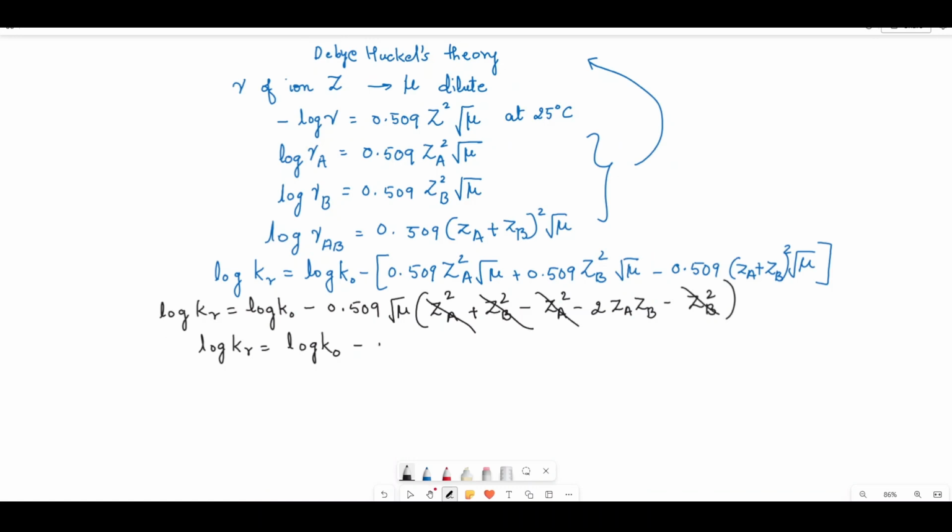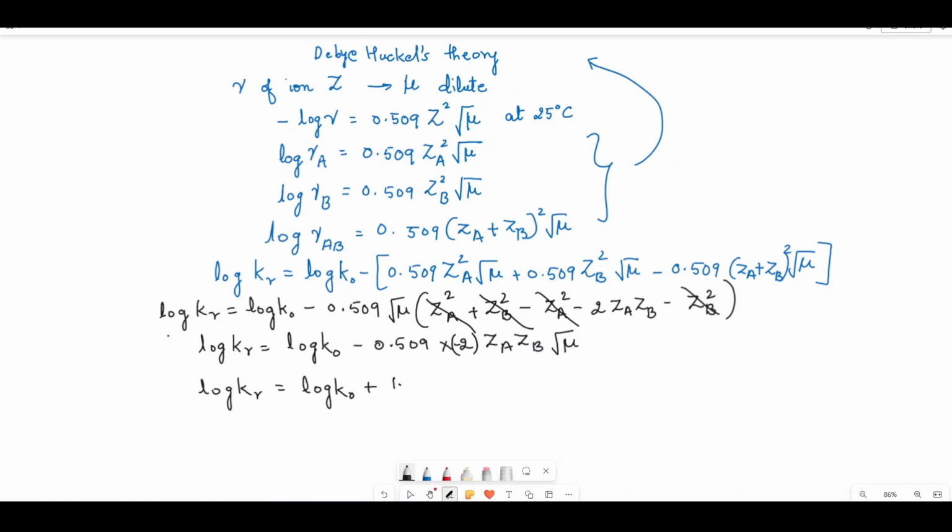What we are left with is 0.509 into 2 ZA ZB, that is log of Kr is equal to log of K0 minus, when we multiply it we get 1.018, and this minus and this minus, minus into minus will become plus.